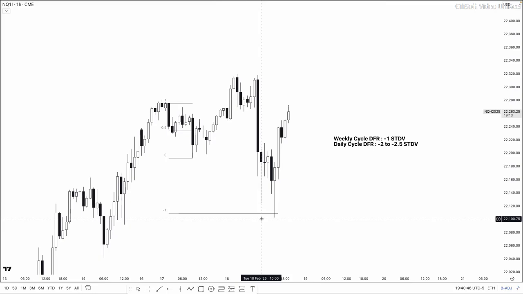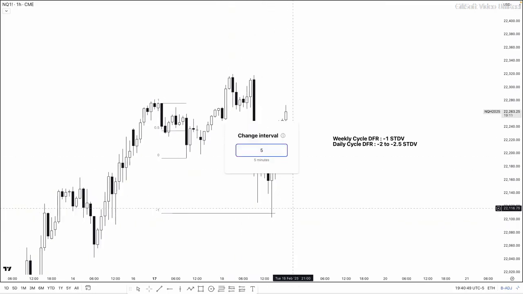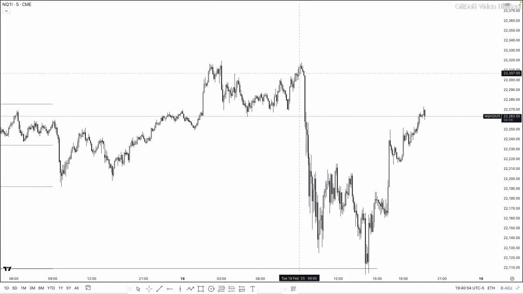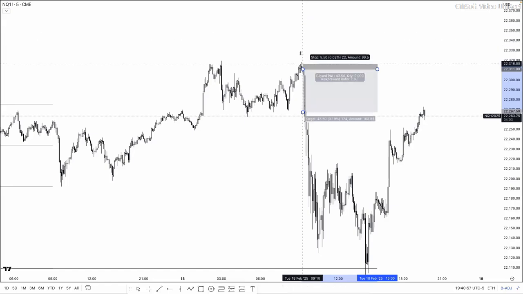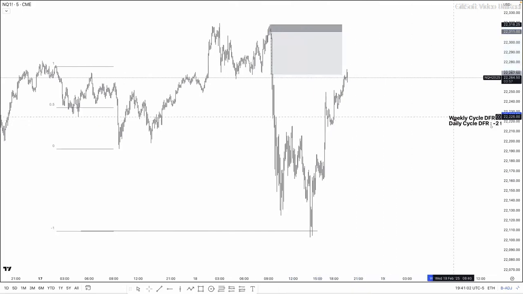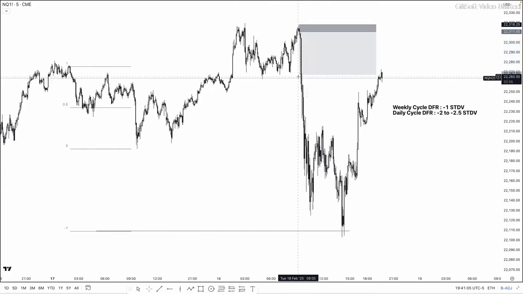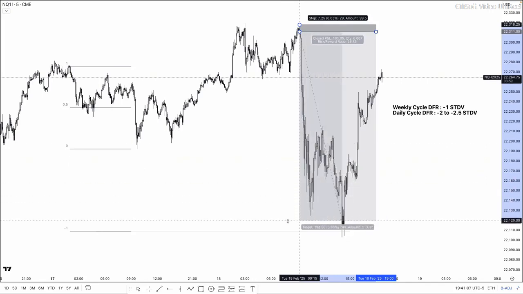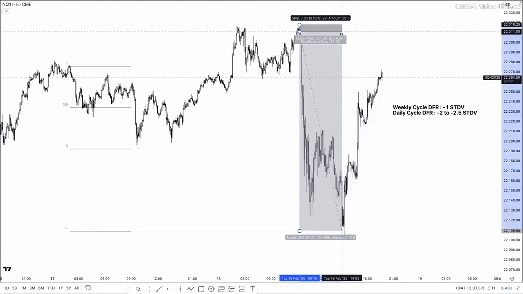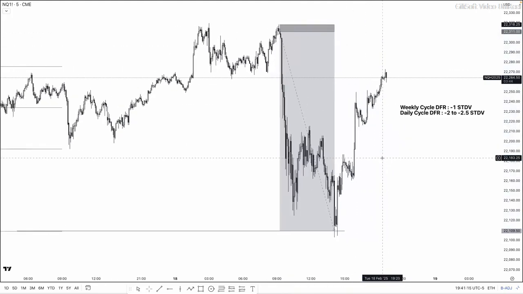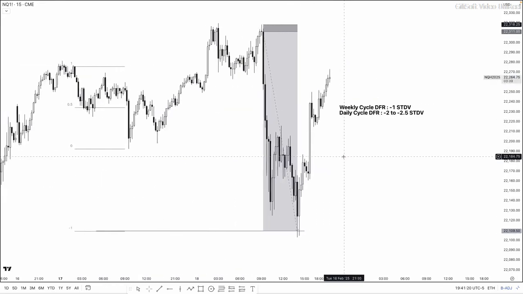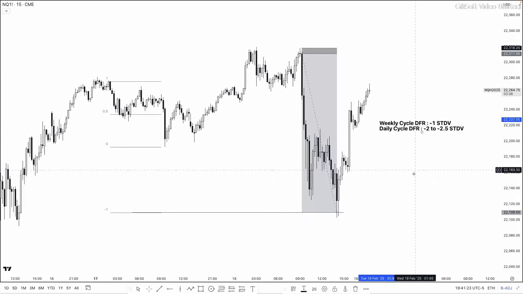So if we had entered on our original entry, on this 5-minute PSP, within the 1-hour PSP, or precision candle on NQ, and we had utilized our defining range, you can see how incredible this is, the level of precision that we can achieve when we apply these concepts.